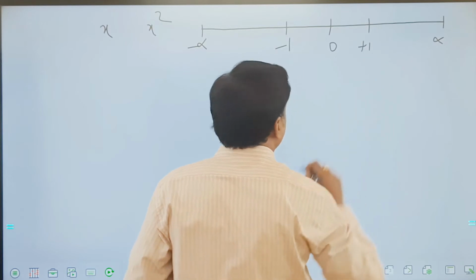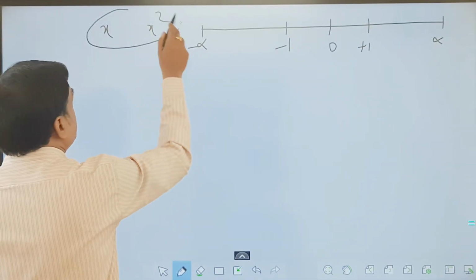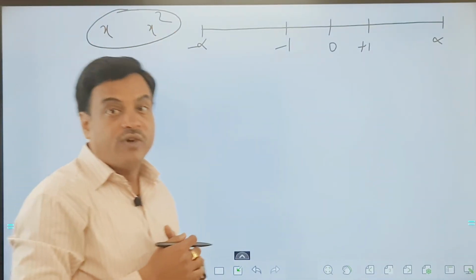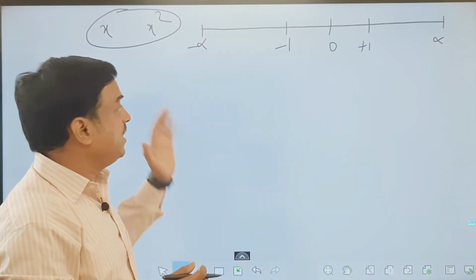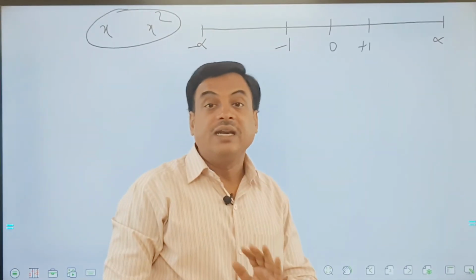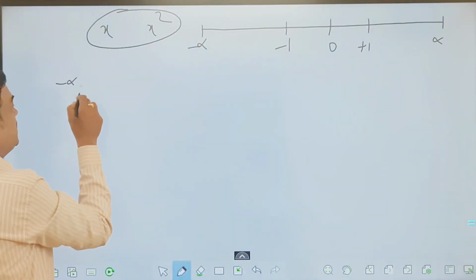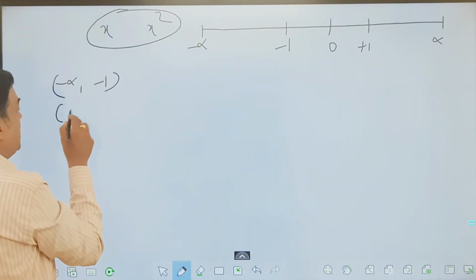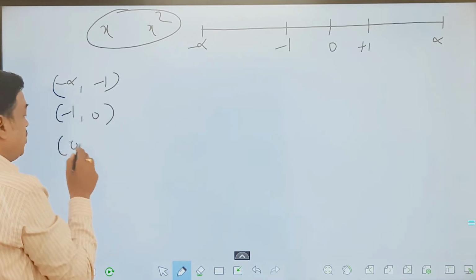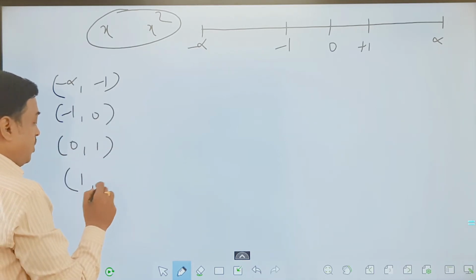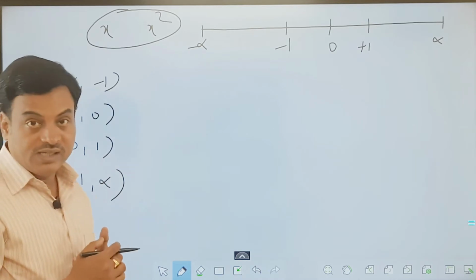Now please understand, anytime you are checking which is greater and which is smaller, for such conditions you always need to divide the real line into 4 different ranges. What are the ranges, friends? Minus infinity to minus 1, minus 1 to 0, 0 to 1 and finally 1 to infinity as 4 different ranges.